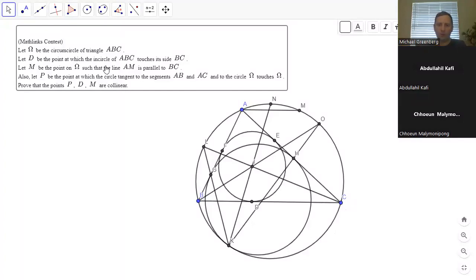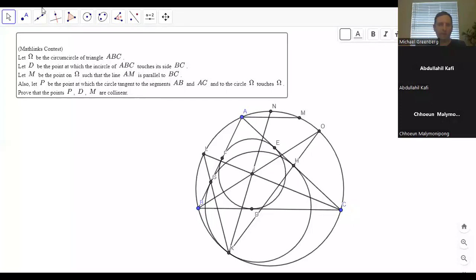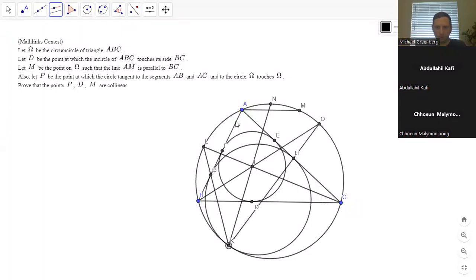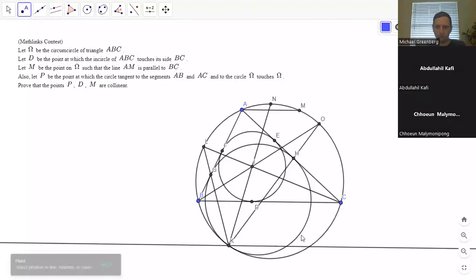Draw a line through K parallel to BC, sorry. Do I draw this point?